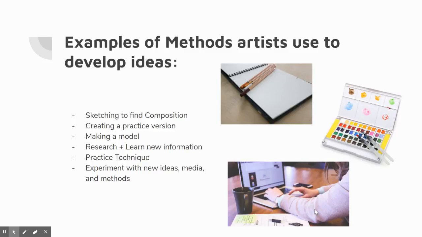Researching his technique in painting, looking up some of his paintings online and zooming in really closely to see how he uses the paintbrush, seeing what kind of colors he usually uses, like his color palettes, just collecting all the information we can. That's really important. That is another method that we can use to develop our ideas.